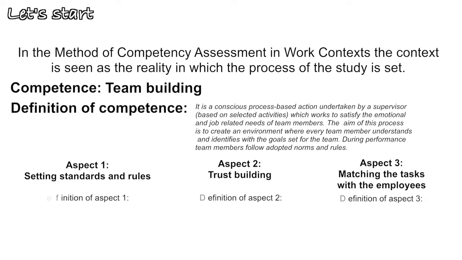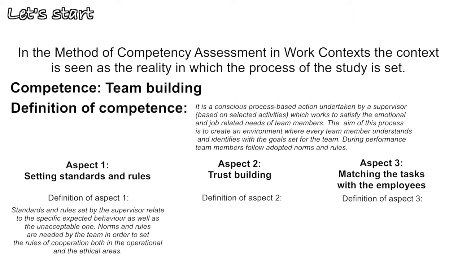In the case of the setting standards and rules aspect, the definition may be as follows. Standards and rules set by the supervisor relate to the specific expected behavior as well as the unacceptable one. Norms and rules are needed by the team in order to set the rules of cooperation both in the operational and the ethical areas.